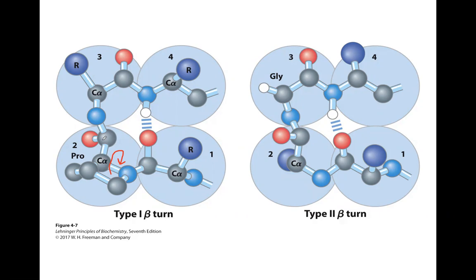So here's the proline. Now here, the third amino acid, glycine is most prevalent, okay? But other amino acids can also be accommodated depending on the group R. And then you go to the NH. It's the hydrogen of the 4th amino acid and the carbonyl of the 1st amino acid which are engaged in the hydrogen bonding. So there is a difference between type 1 and type 2.